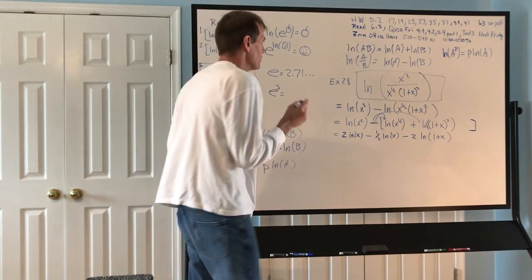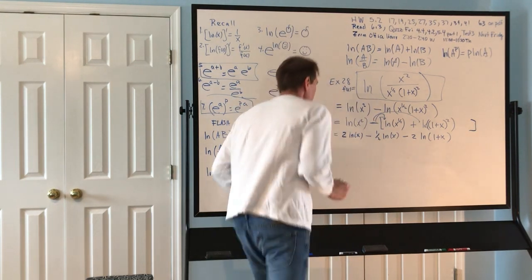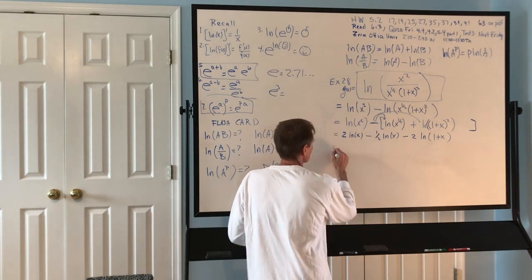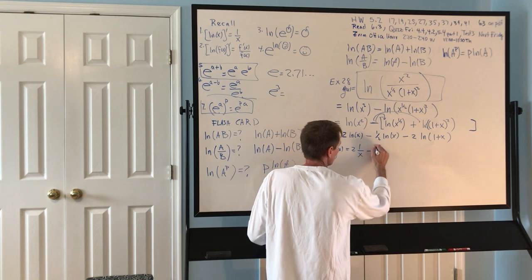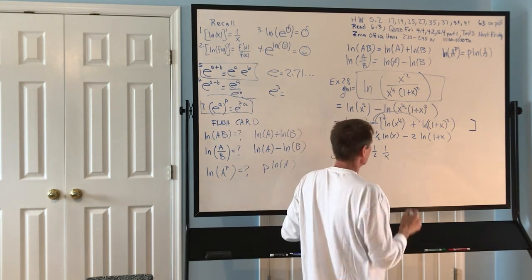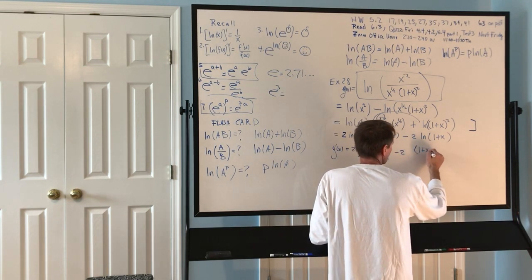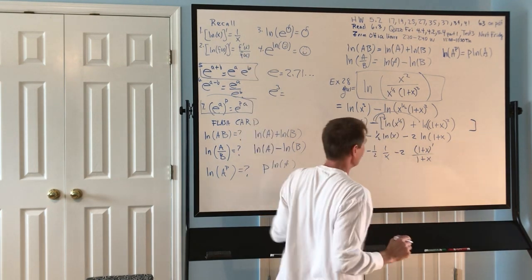So if I call this g of x and take the derivative of it, it would just be 2 times 1 over x minus 1/2 times 1 over x, using the upper flashcard, and then minus 2 times the derivative of this over that, using that flashcard.